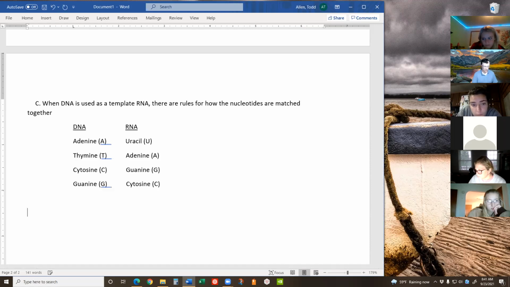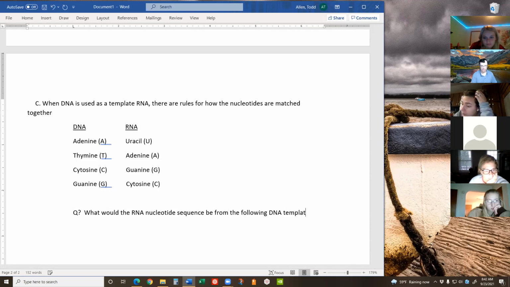Okay, so let's put this into your notes here. If I have this DNA template, type into the chat window what the RNA would be.